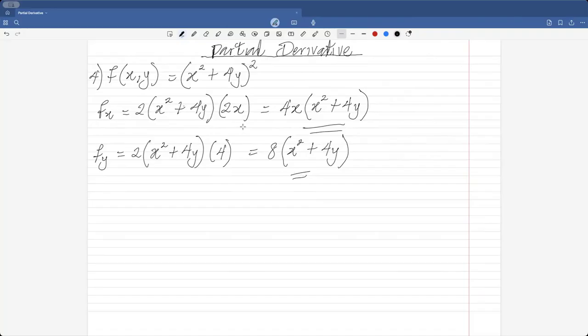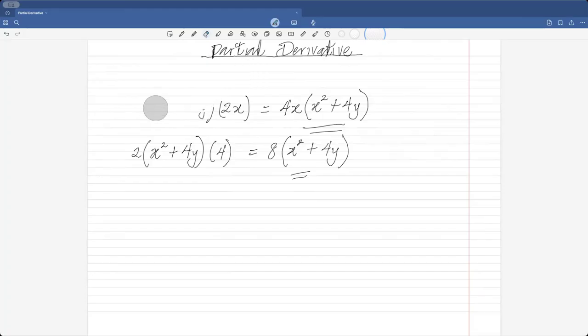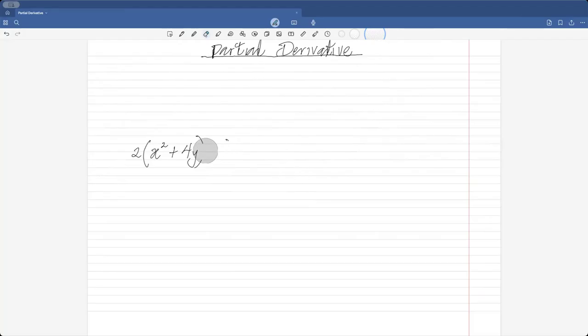So let us move to the next and the final problem. In this case, let us tackle a trig function.